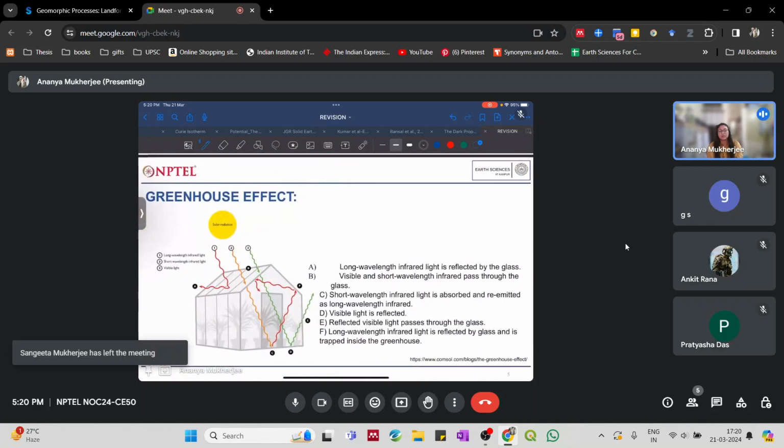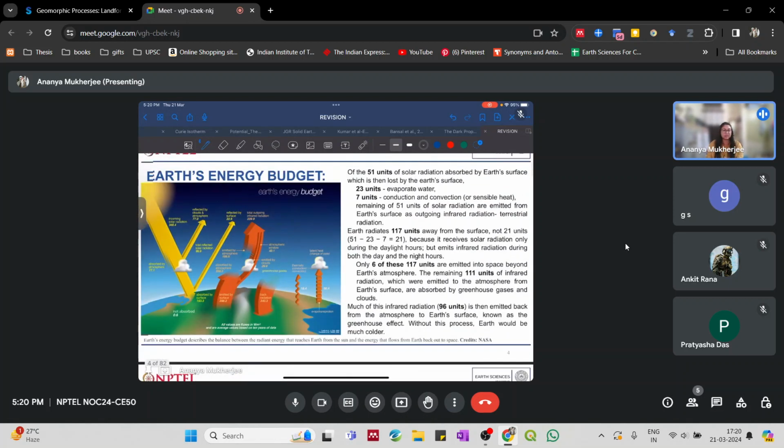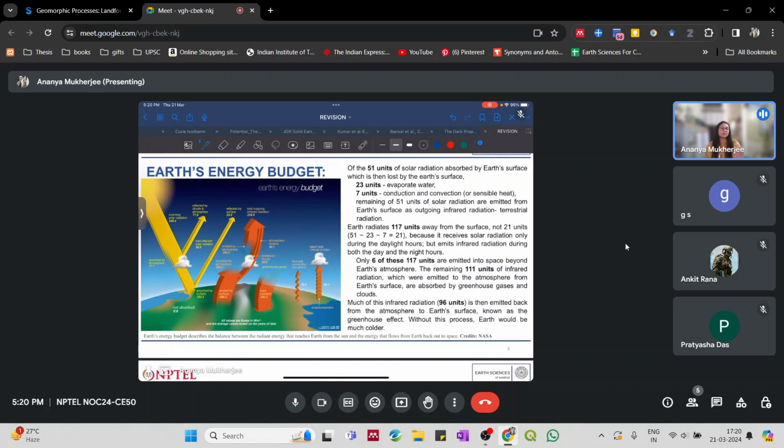so now we come to the greenhouse gas effect that we have. Okay, so when we are talking about this Earth's energy budget, as I said, there are some interactions that are happening between the Earth's atmosphere and the Earth's surface. Earth's surface actually re-emits some part of the incident solar radiation that it is getting.